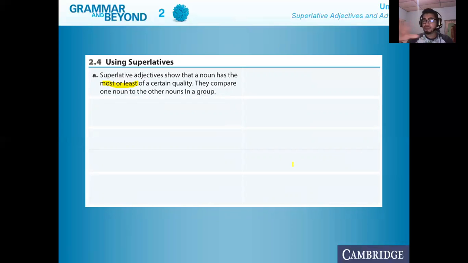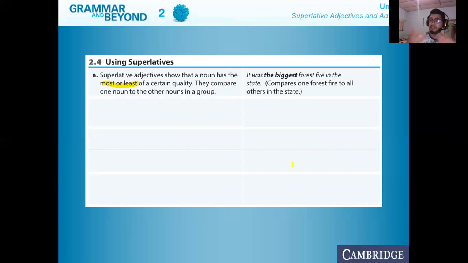Let's look at an example. It was the biggest forest fire in the state. We compare one forest fire to all of the fires in the state. As I was explaining at the beginning, we're comparing one of the forest fires, many of which have probably happened during the week, during the month, during the year.